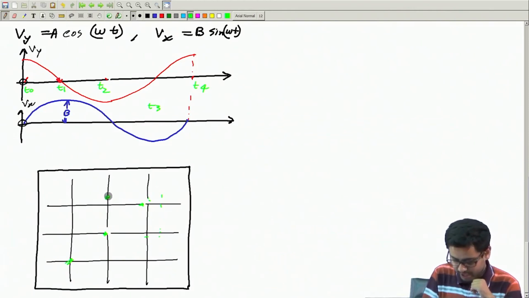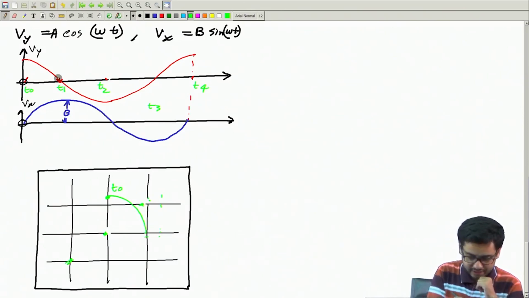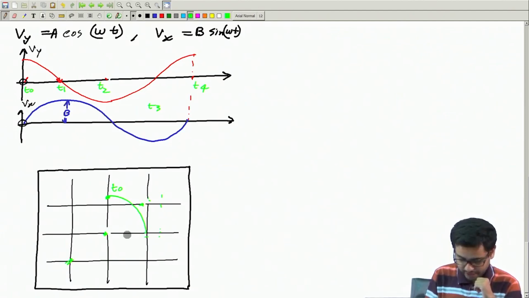So from here we will go towards the right, but y will decrease, so we will come down, and this will look like this. This point is t0. At t1 we have height 0 but x maximum, proportional to b. And this is t1.